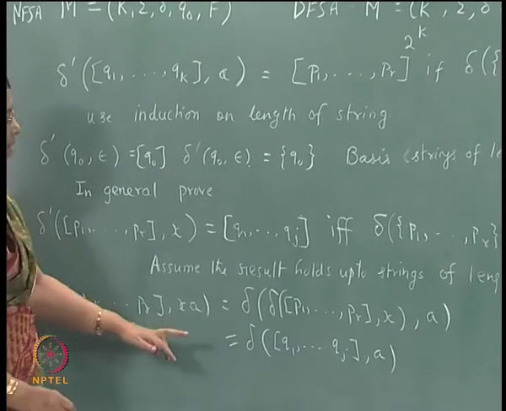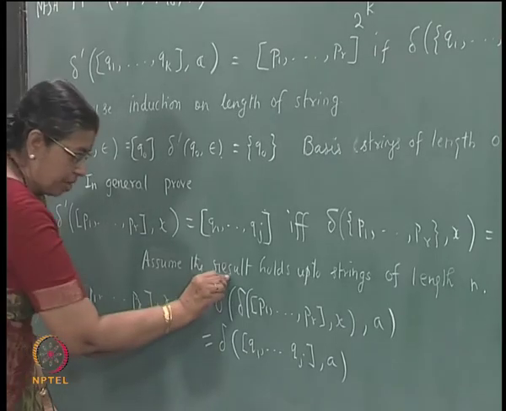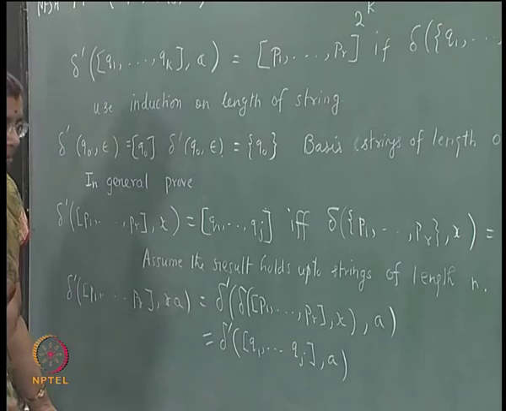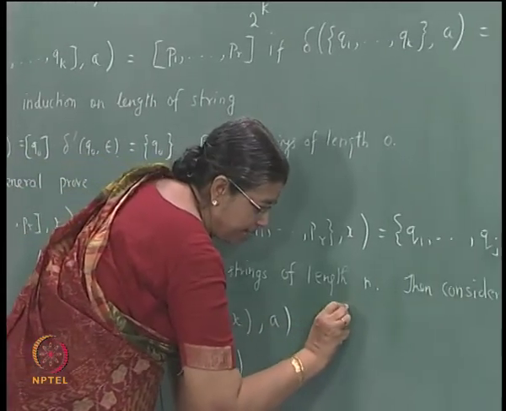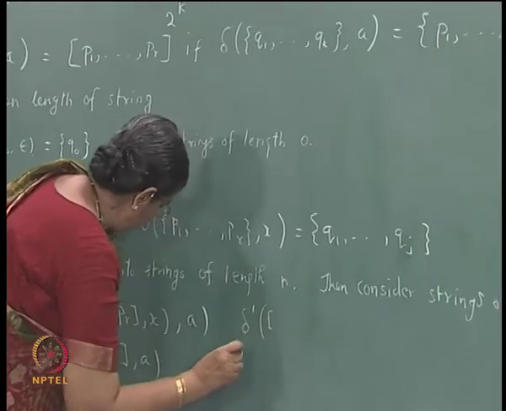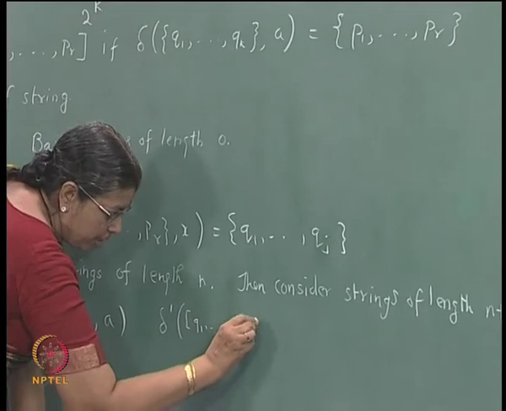Now the way we have defined delta dash, I am sorry, this is delta dash. By the way we have defined delta dash, what can you say about delta dash of Q1 Q2 Qj?